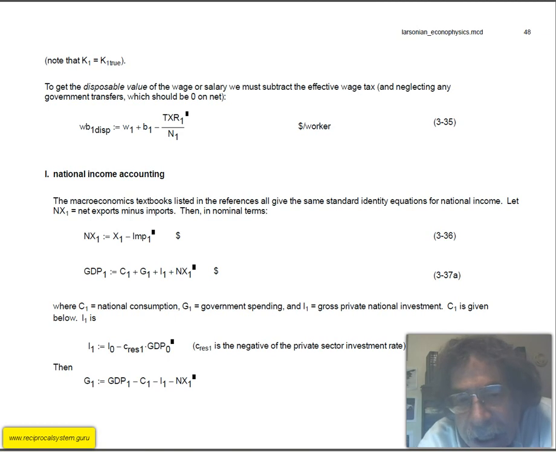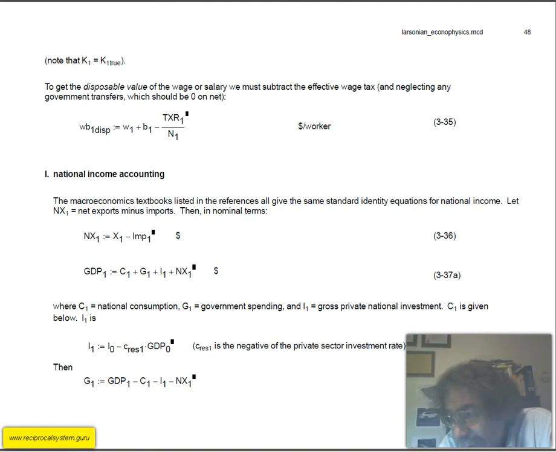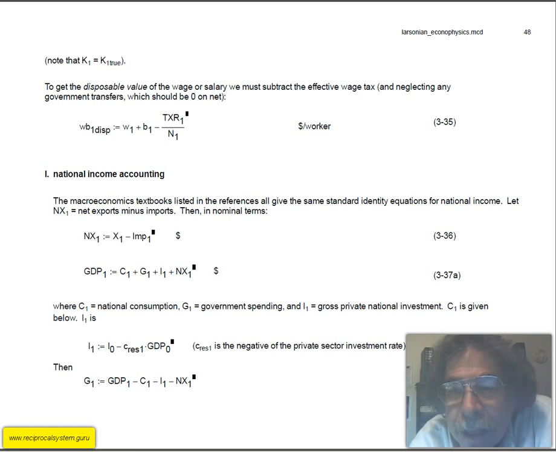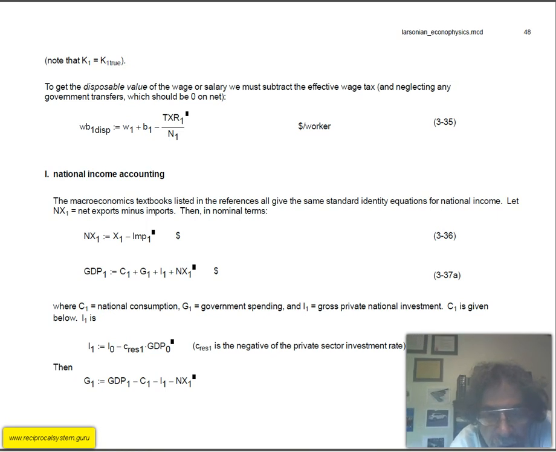The macroeconomics textbooks listed in the references all give the same standard identity equations for national income. And we actually agree with those, incidentally. That's one of the few areas where we actually agree with conventional economics. Let NX sub 1 equal net exports minus imports. Then in nominal terms, rather than real terms, NX sub 1 equals X sub 1, exports, minus imports sub 1.